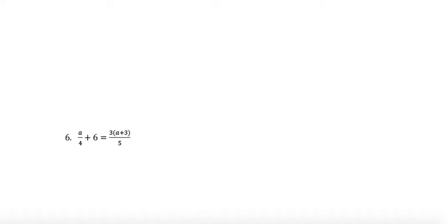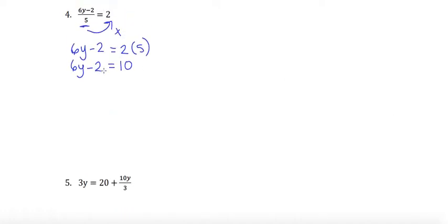So when we bring it over to the other side, the opposite operation is going to be addition. So we're eliminating it from the left-hand side. We have 10 and then plus 2, because the opposite of subtracting is addition. So let's simplify that. 6y is equal to 10 plus 2 is 12.